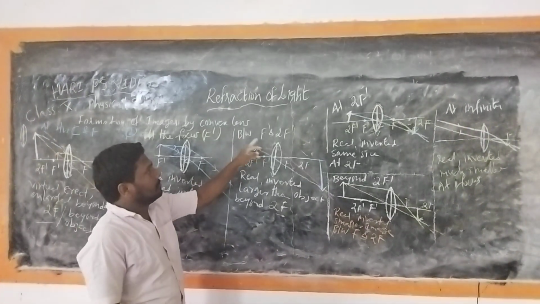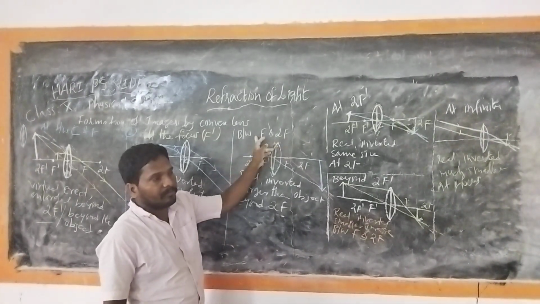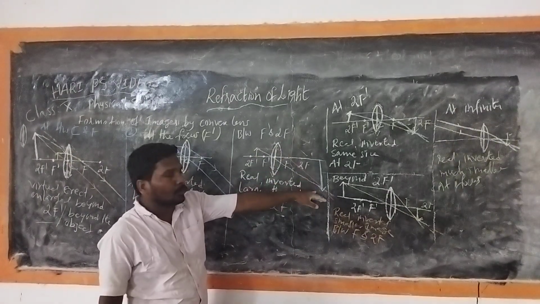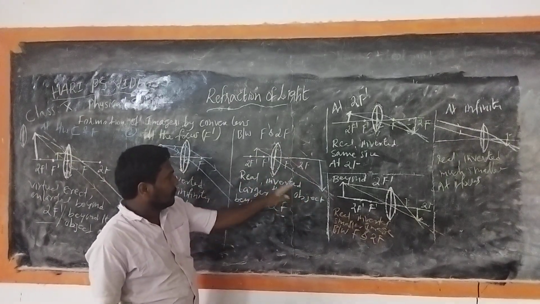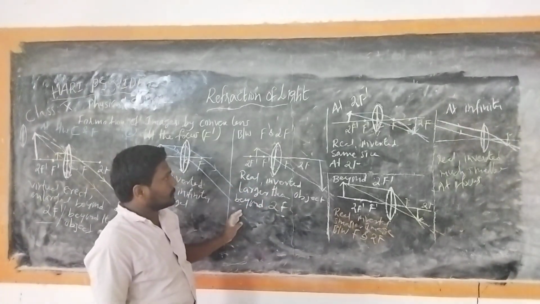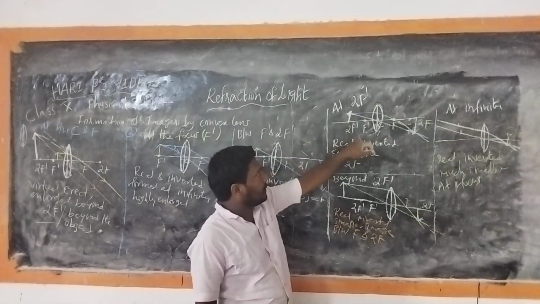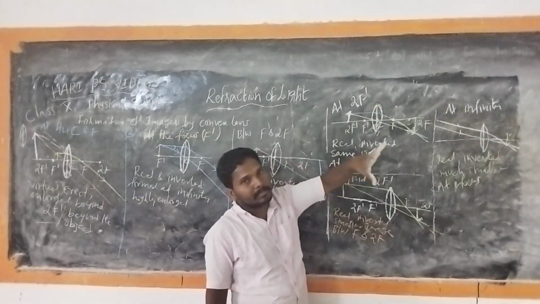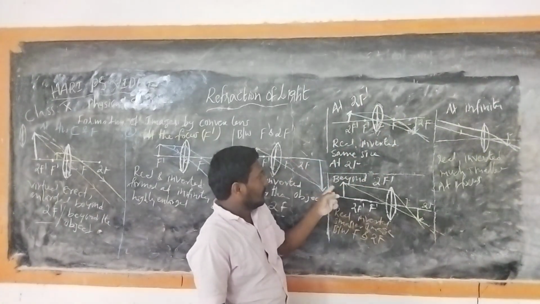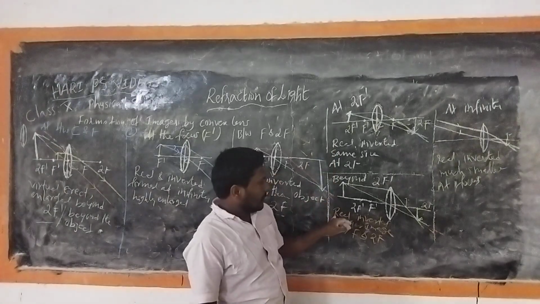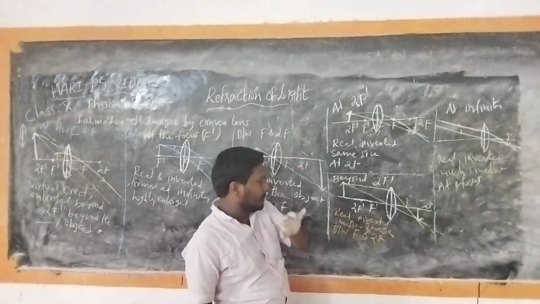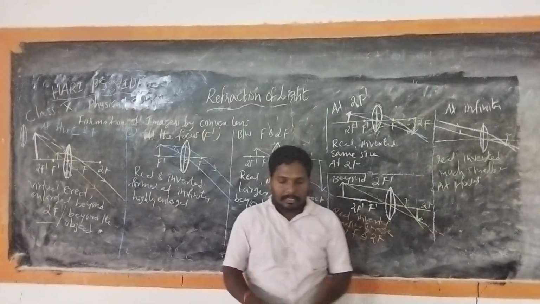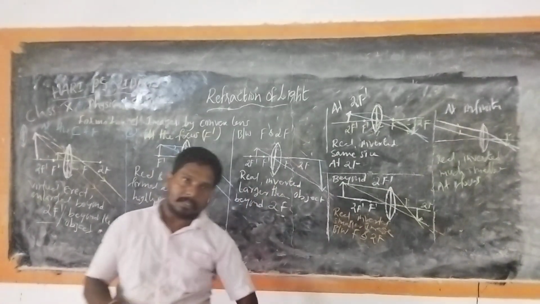If the object is placed between the focus and 2f dash, the image is formed behind 2f, enlarged, real, inverted, larger than the object. At 2f1, the image is also formed at 2f, same size, real and inverted. Behind 2f, the image is real, inverted and smaller, between f and 2f. At infinity, the image is formed at the focus.